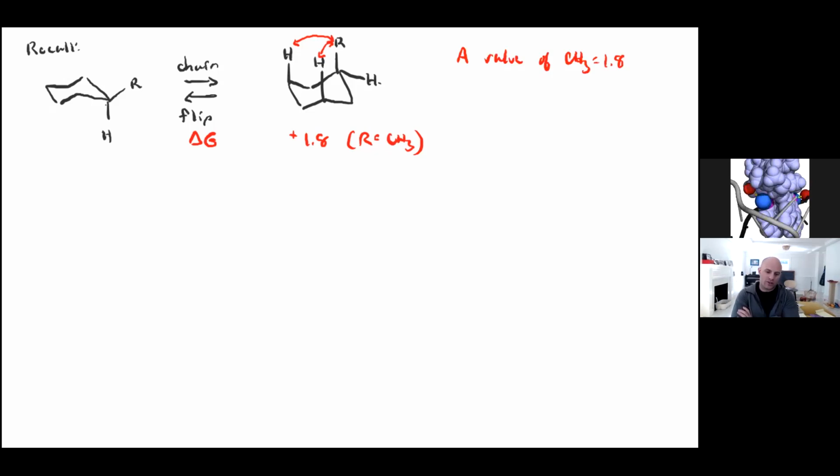So the discussion in the last class was limited to monosubstituted cyclohexanes. More often than not, you're going to have multiple substituents in the ring, and so you need to be able to assess the changes in free energy when you change the orientations of those substituents.